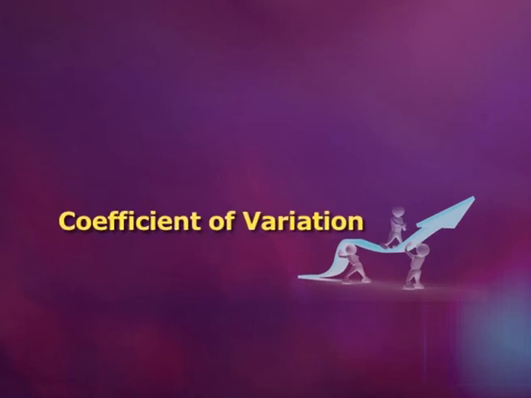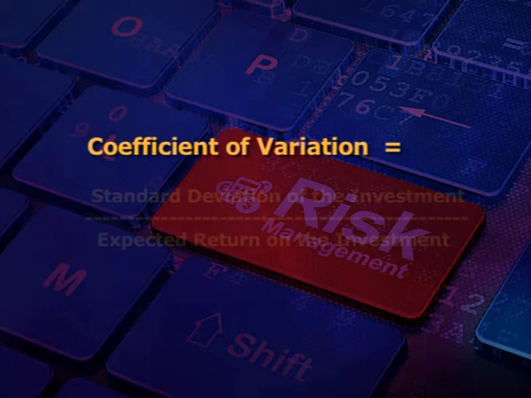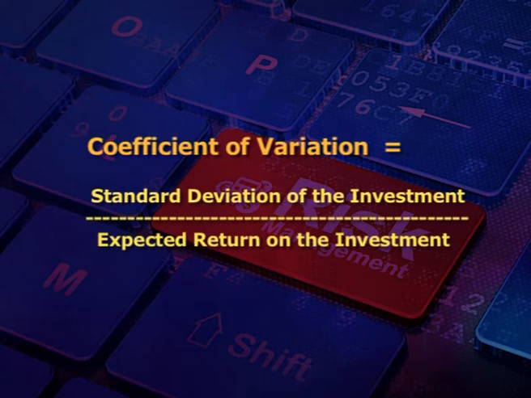Let us see the coefficient of variation. If the projects to be compared involve different outlays, different expected value, the coefficient of variation is the correct choice, being a relative measure. The formula is coefficient of variation is equal to standard deviation of the investment divided by the expected return on the investment.